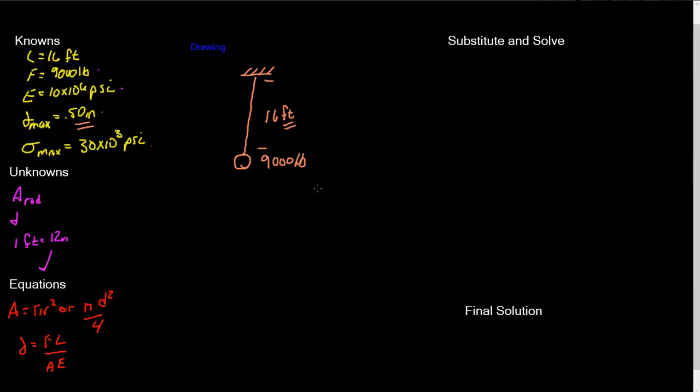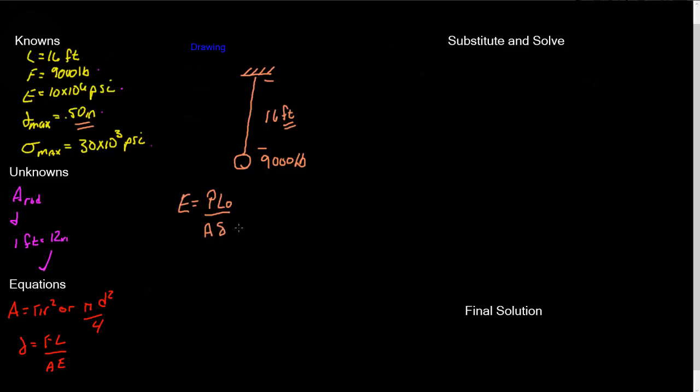We start out with the original formula, and the original formula says that E, the modulus of elasticity, equals my pressure, in this case my force, times the length original divided by the area and then the elongation delta.